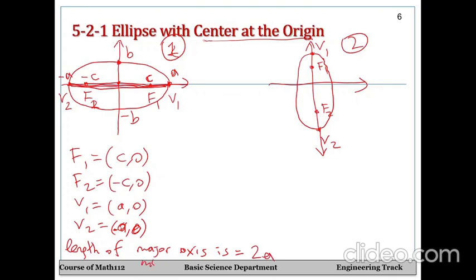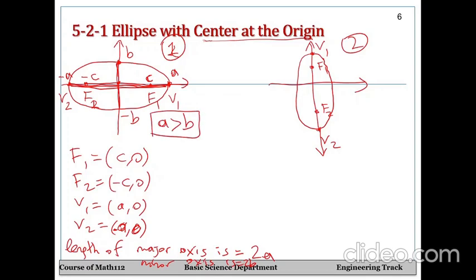And the minor axis is 2B. Okay, we can say this is 2B here. Of course, in this case A is bigger than B. Since A is bigger than B, we have this type of shape.